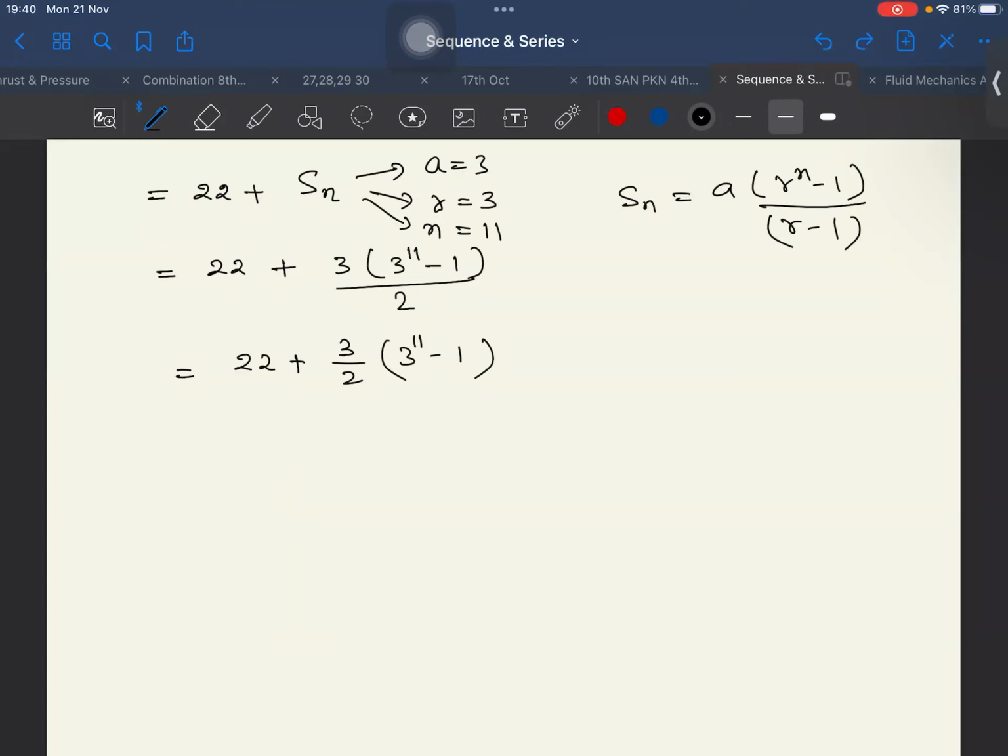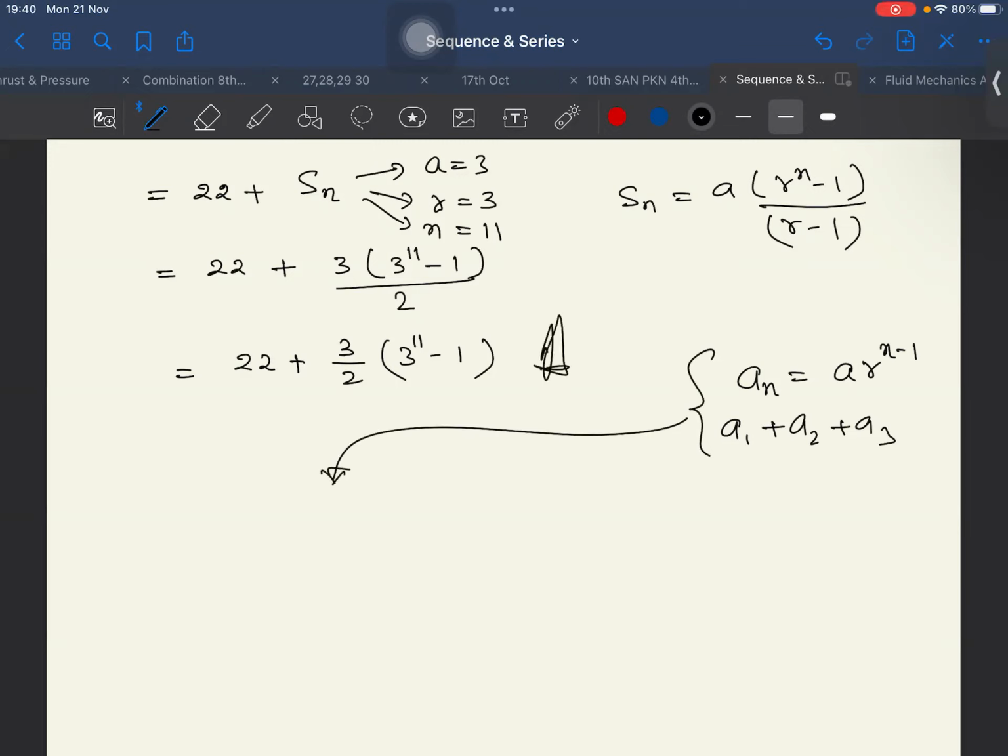Leave it. Because you're just adding up all the terms. So any term An is written how? A r to the power of n minus 1. So you just sum this up, no? You'll add A1 plus A2 plus A3. I have done the derivation also in the previous class. So this is your final answer, by the way.